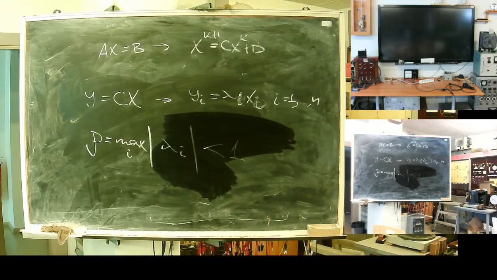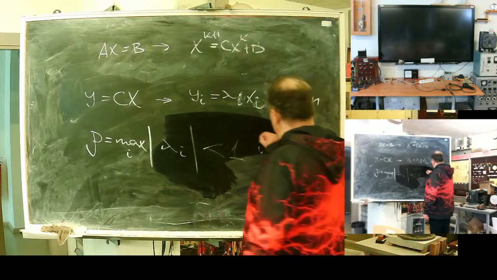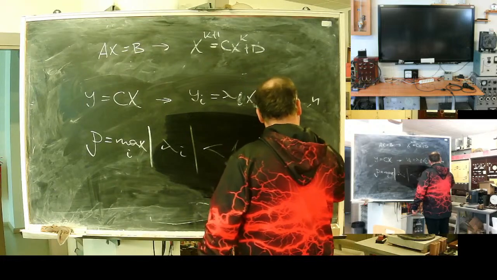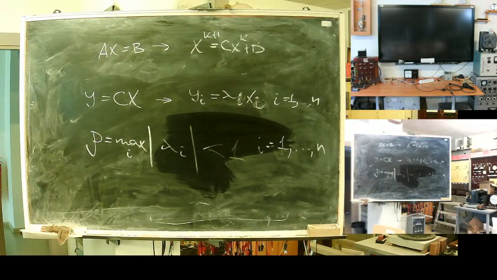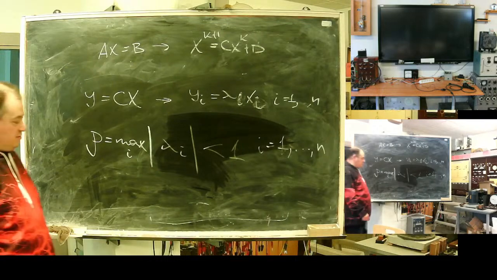I will get a solution, so the biggest eigennumber should be less than 1. Rho is the spectrum radius of the C matrix. It's called the spectrum radius.